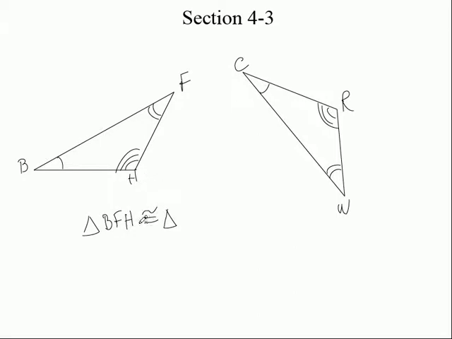If I call this BFH, look, what did I do? I went from one arc. I'm saying if they were congruent. This is not enough information to tell that they're congruent, by the way. Did you know that? Because watch this. If I did this, those angles are still equal.